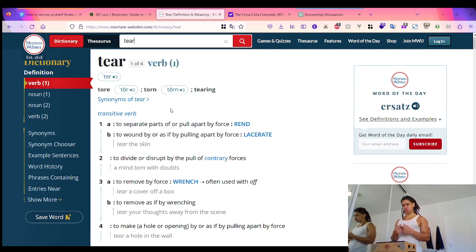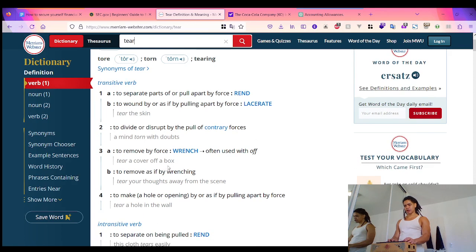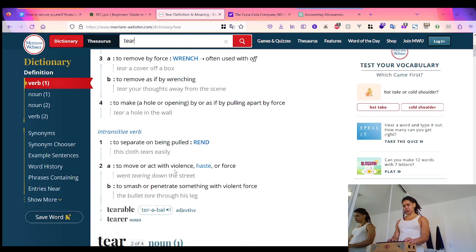To divide or disrupt by the pull of contrary force, to remove by force, wrench, often used with off: tear off, tear a cover off a box, to remove as if by wrenching, tear your thoughts away from the scene, to make a hole or opening. Intransitive verb: to separate or be pulled apart, to move or act with violence, haste or force.